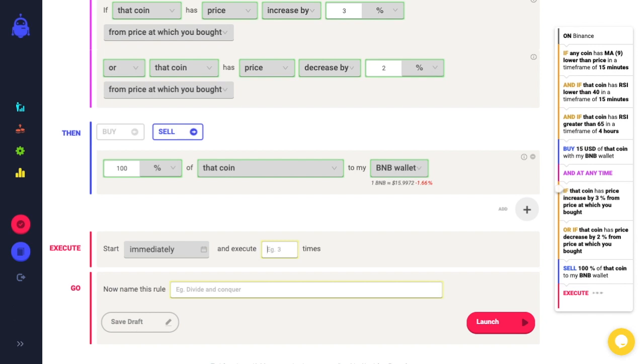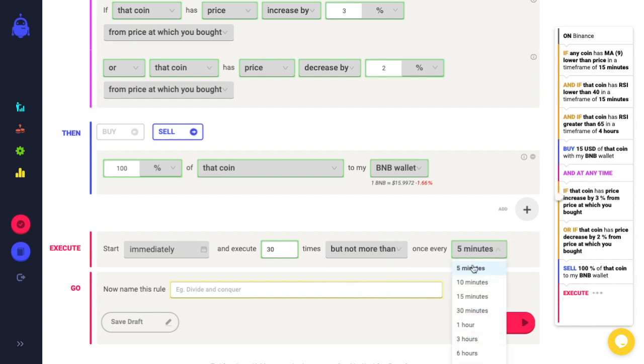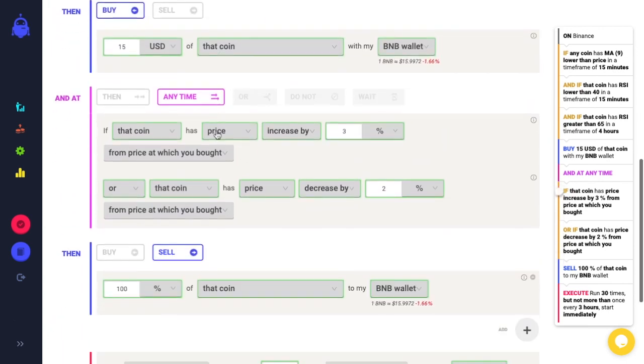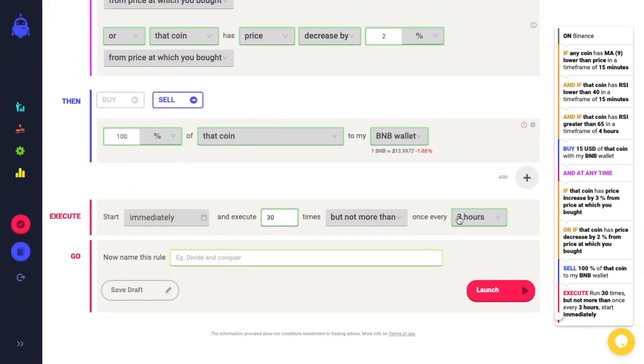I want to execute this 30 times, but I don't want to risk overtrading, so I don't want the buy order to be triggered more than once every 3 hours.